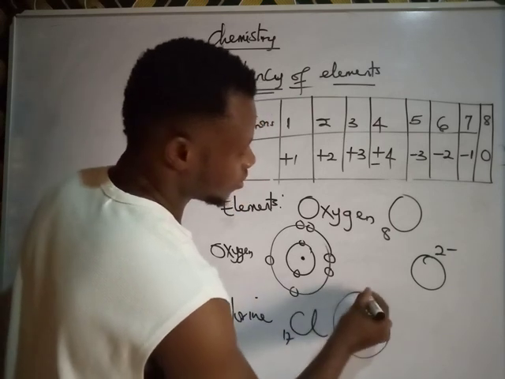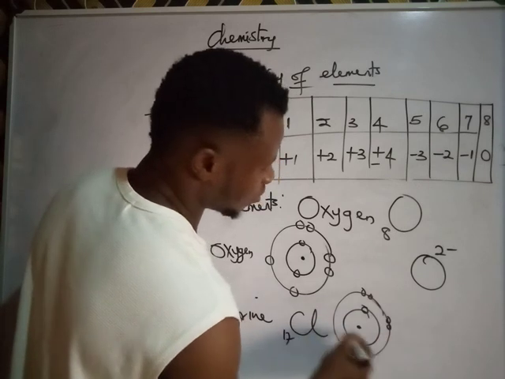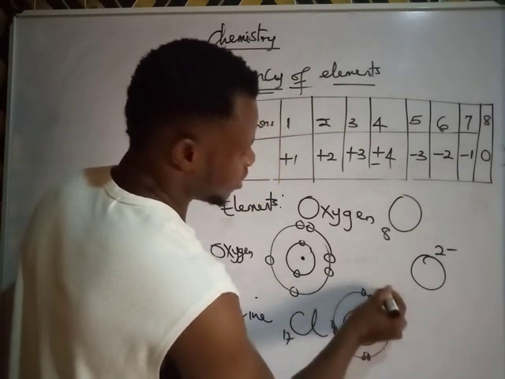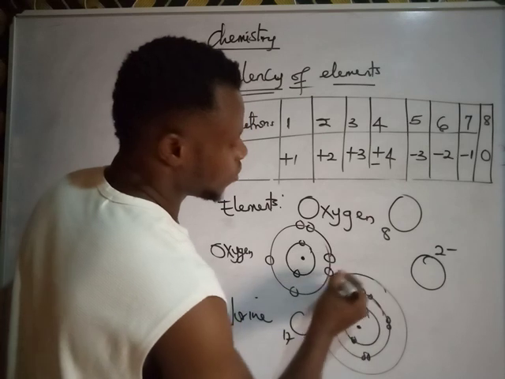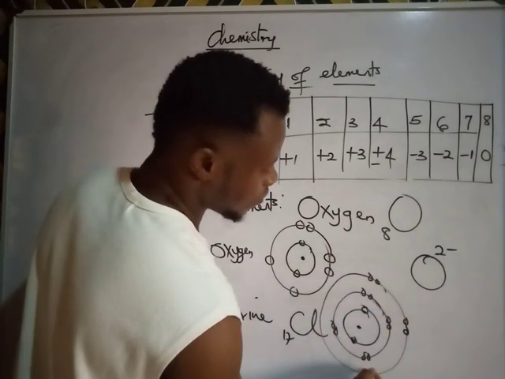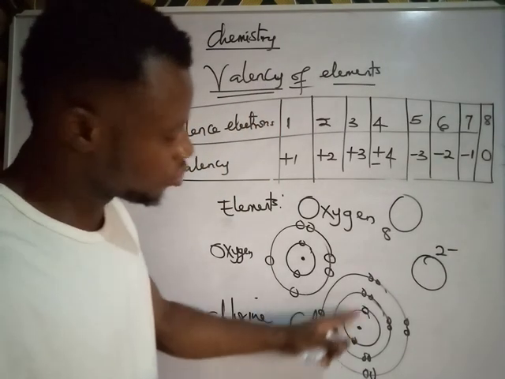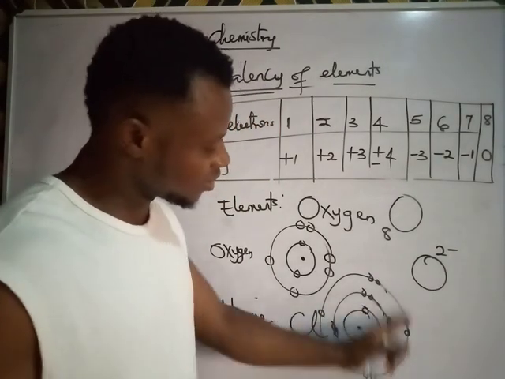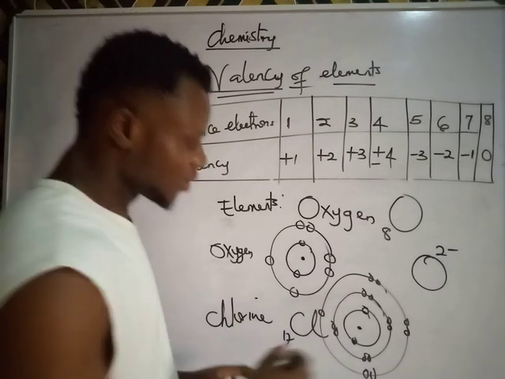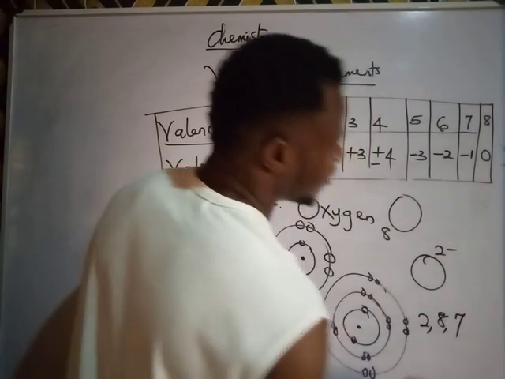The second shell will contain 8, the octet structure. Then the third shell will contain 1, 2, 3, 4, 5, 6, 7, making it 17. So you can see the shells are 2, 8 and 7.